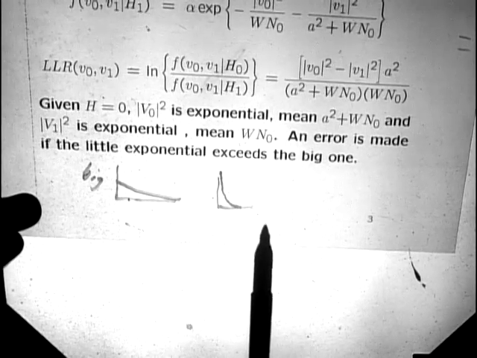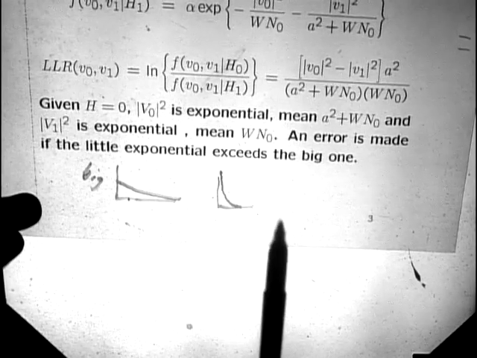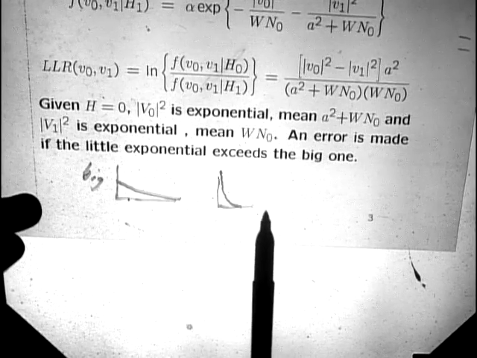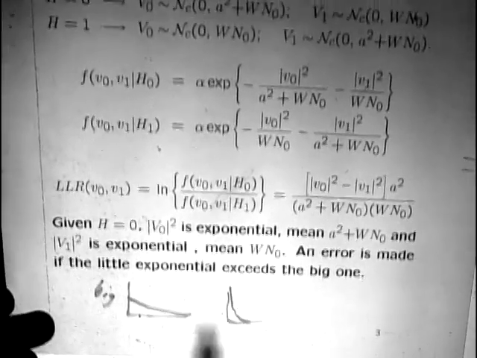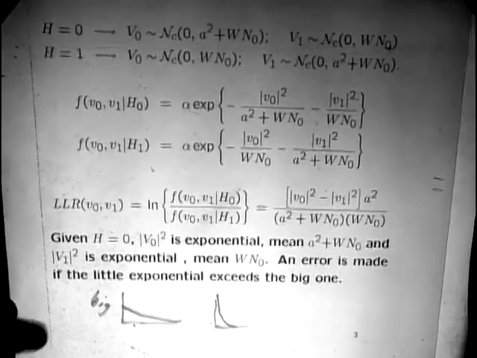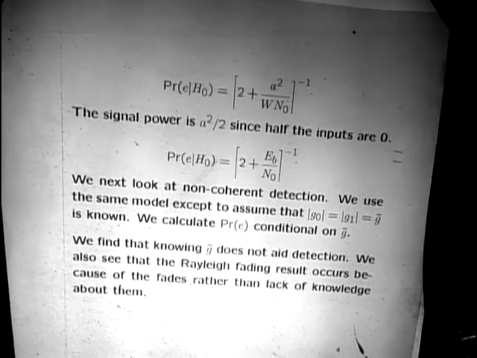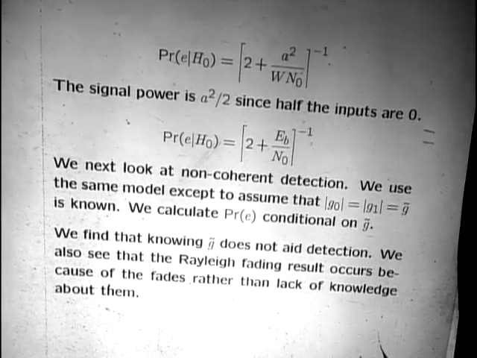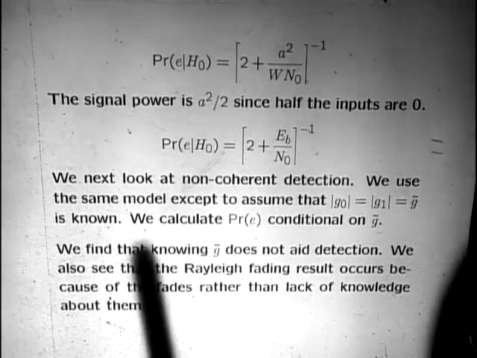So you're convolving two exponential densities with each other, and unfortunately, you're taking the difference of the two, so you're convolving the negatives of this with this, and then you have to integrate the thing. It's just something you have to do. And the answer is the probability of error is then 2 plus A squared over WN0, to the minus 1.